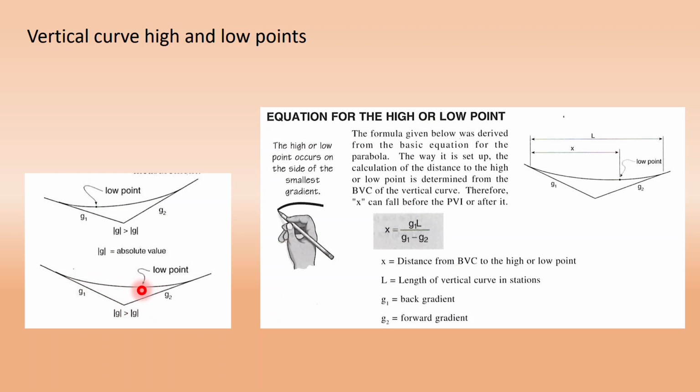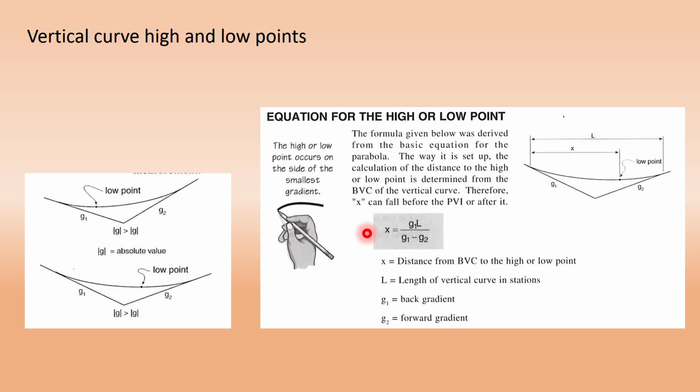So you won't necessarily have a high or low point occurring at a nice even stationing, and it'll never occur at the PVI.